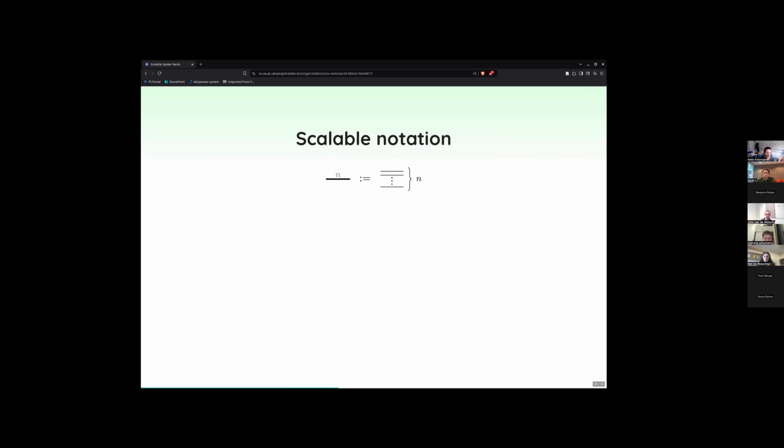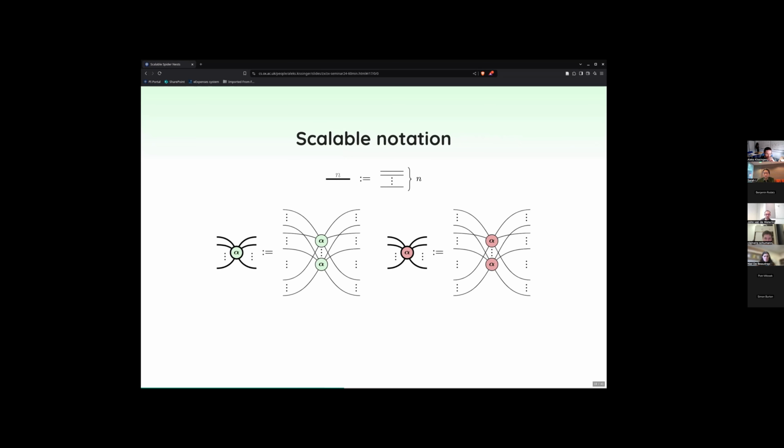A fat wire labeled with an N means a register of N qubits. Fat spiders, or bold spiders, just mean N spiders parallel composed with each other. So here I'm taking my first wire of this register to the first spider and the second wire to the second spider, and so on, all the way up to N spiders, and same with the outputs. And I can do this for either color.